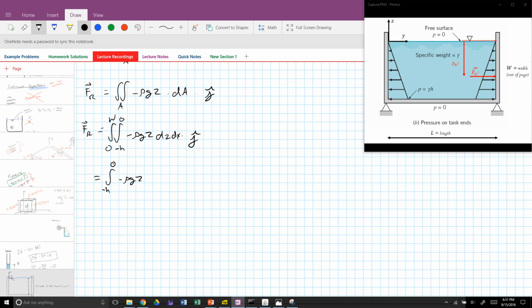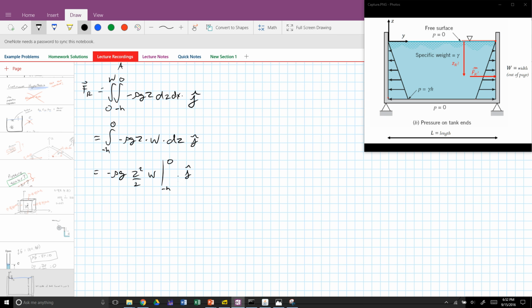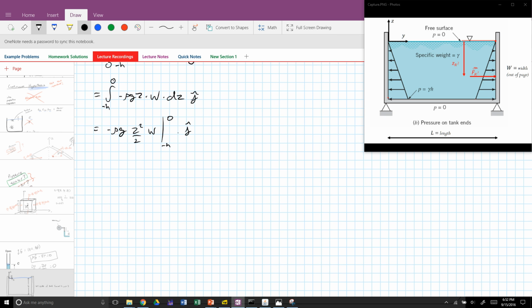And now integrating this gives us negative rho g z squared over 2 times w, evaluated from negative h to 0, times j, which will turn into rho g h squared over 2 times w j.